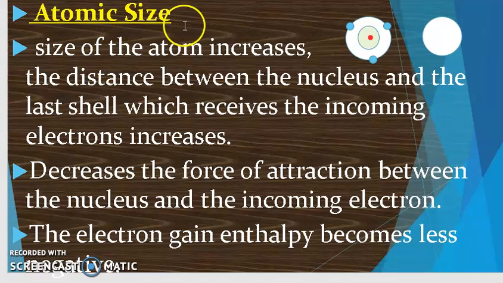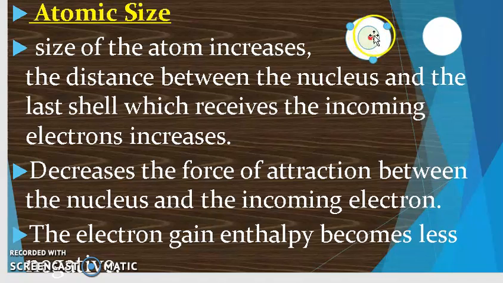So how does the atomic size affect the negative electron gain enthalpy of the halogens? Here, if the size of the atom increases, I have drawn the atom here. Suppose the size of the atom increases. What happens is the distance between the nucleus and the shell which receives the incoming electron increases.